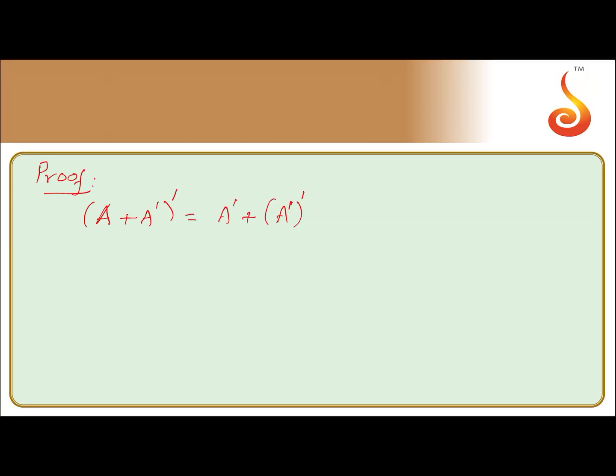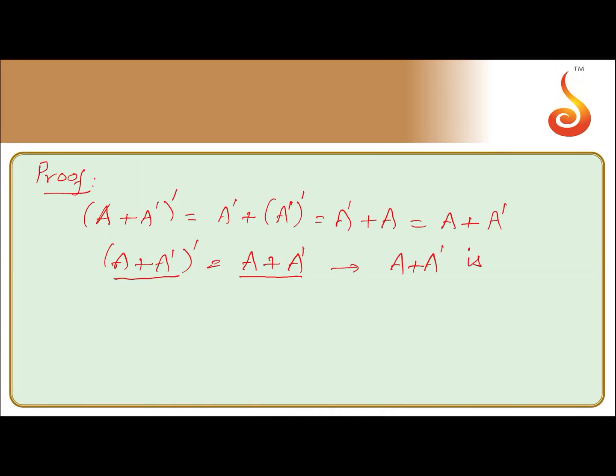So A transpose plus A transpose whole transpose equals A transpose plus A, and since addition of matrices follows the commutative law, this can be written as A plus A transpose. So A plus A transpose whole transpose is nothing but A plus A transpose. The transpose of the given matrix is itself. Therefore A plus A transpose is a symmetric matrix.